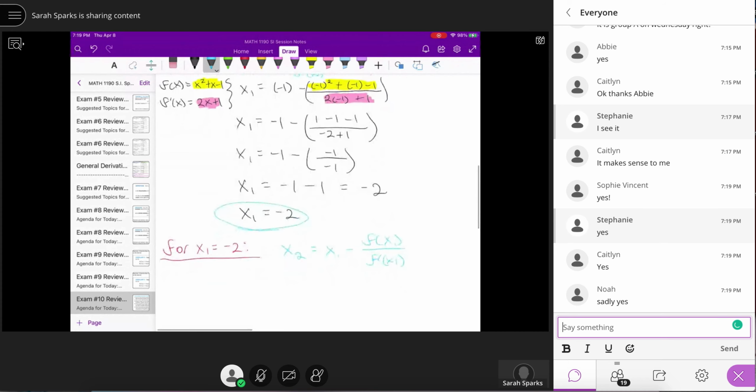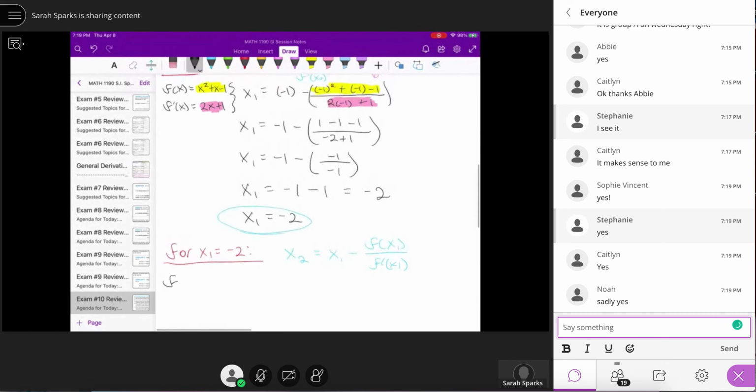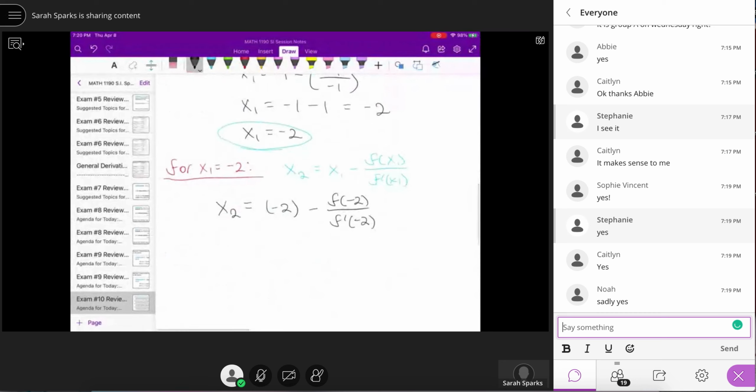We had our f of x up there, so we shouldn't need to write it again. Plugging everything in, x2 is going to equal -2, because that's our value for x1, minus f of -2 over f prime of -2. Let's just solve this outside, because it might make it a little less messy.